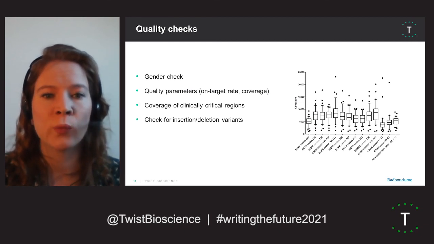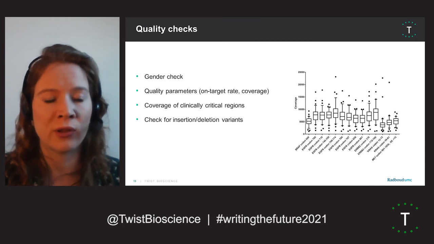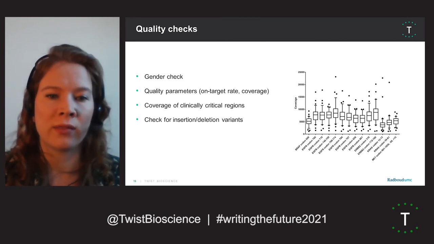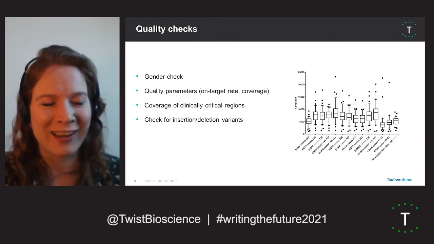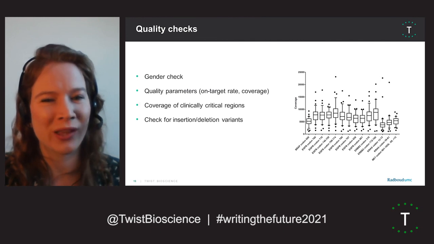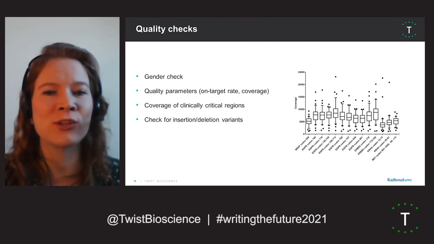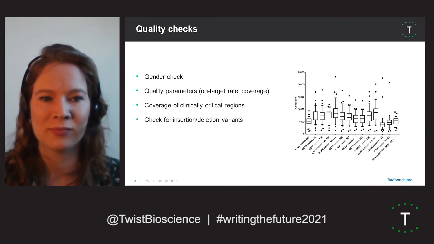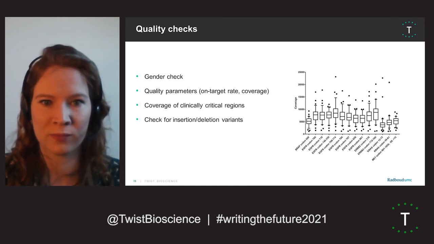Focusing on coverage, we also make sure that the clinically critical regions that we know are actionable targets, where we need to be 100% sure that we don't miss anything, are covered. The software will give us a warning if that is not the case, and when analyzing your data, you need to pay extra attention to this specific region. And lastly, of course, we will check the insertions and deletions within specific regions.